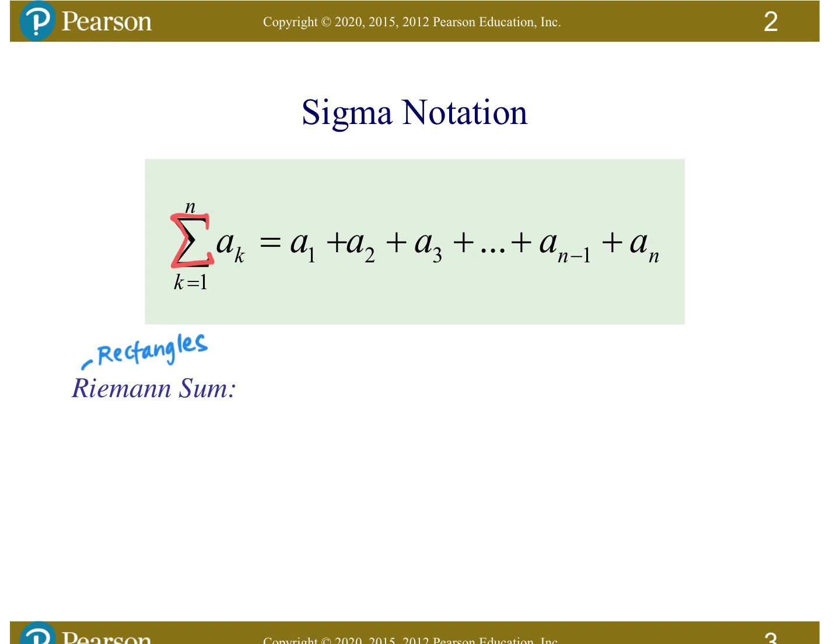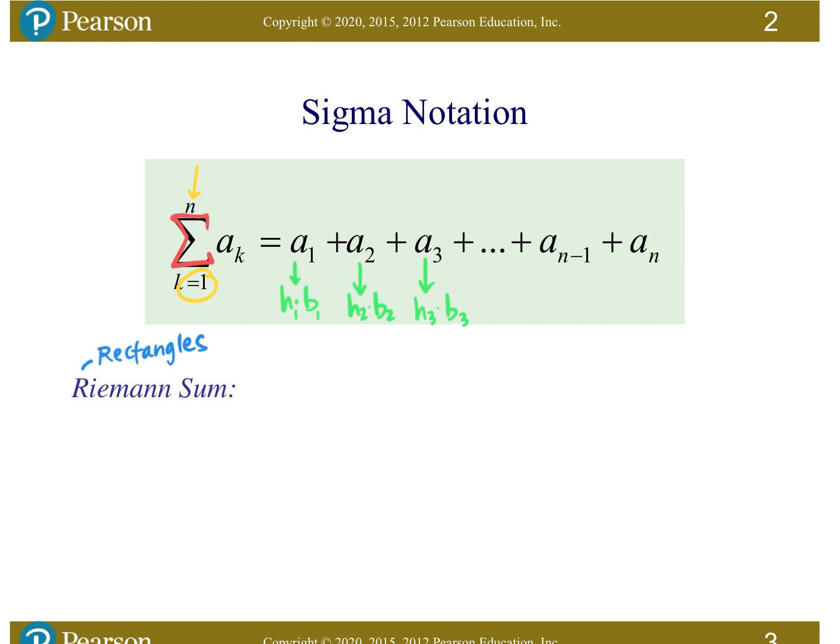We go from the first rectangle to a specified number of rectangles, and we're going to add up the area. And so each of the areas is going to be a height times a base. So the first height times the first base, and then the second height times the second base, etc. You're working your way through.